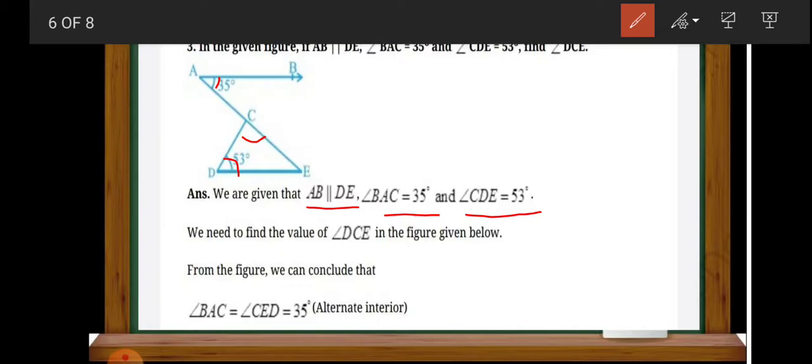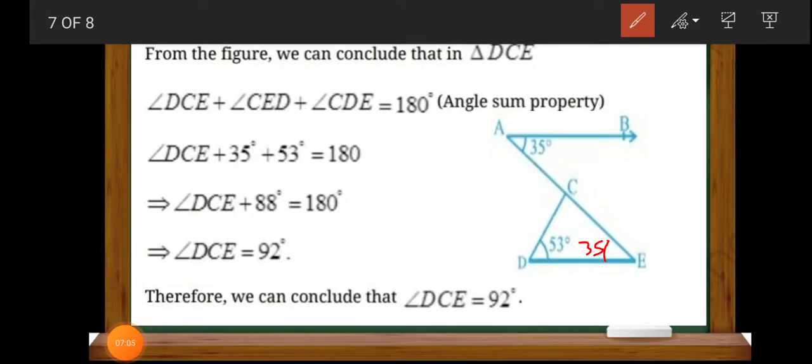So angle BAC is equal to angle CED, which is equal to 35 degrees, because they are alternate angles. Then angle DCE plus angle CED plus angle CDE is equal to 180 degrees by angle sum property.